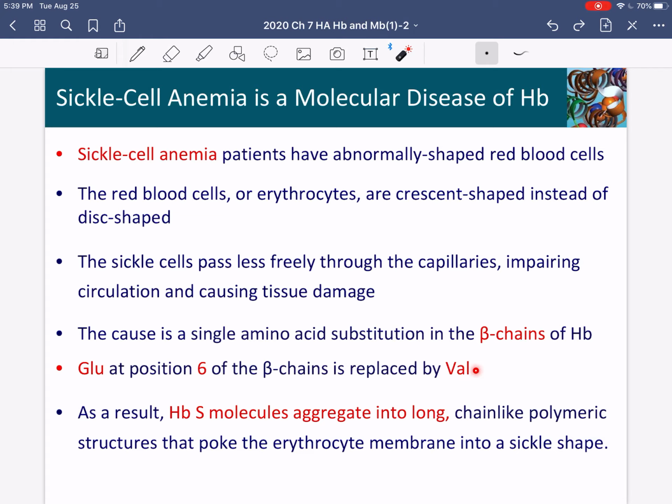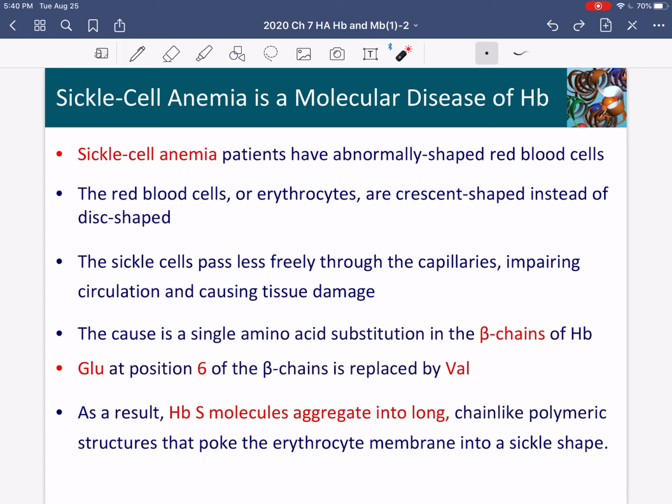And that hydrophobic side chain is exactly the right hydrophobicity and shape to bind into another beta chain on another hemoglobin molecule, and you form these non-covalent polymers of hemoglobin molecules that form rods, very stiff fibers inside the red blood cell, and they poke the membranes of the red blood cell, and that's what gives them that sickle shape, that shape like a pinched red blood cell.